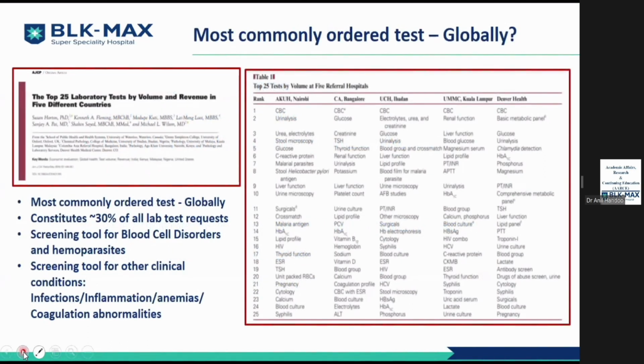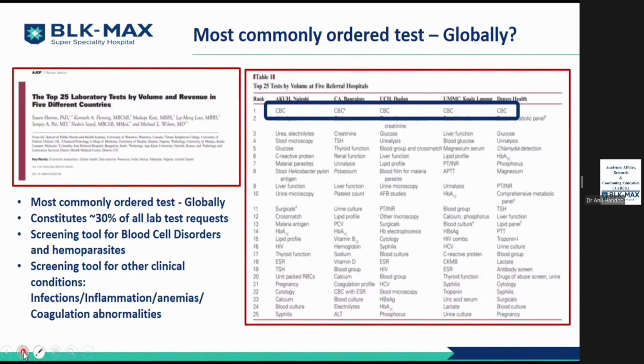If I were to ask as a quiz which is the most commonly ordered test globally, I'm sure everybody would say in unison it's the complete blood count or full blood count. What we know is that more than 30% of lab test requests are for this test.